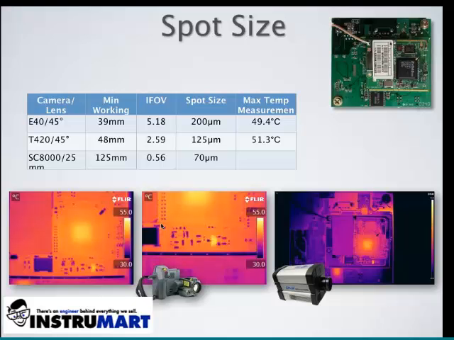Now they are measuring 49.4, 51.3, and I'm not sure why my SC8000 temperature isn't displaying, but it too measures in at around 51. So my temperature reporting capabilities improve dramatically as I get in closer to that target of interest.